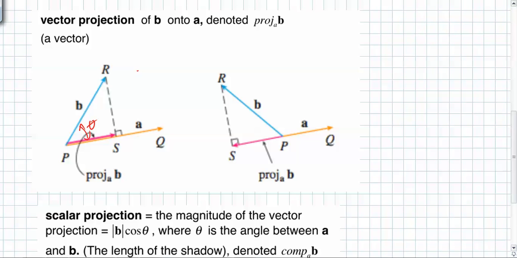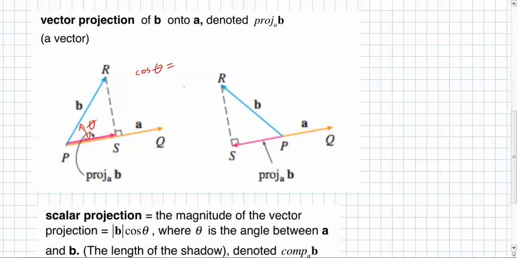What is the cosine of theta equal to? If you want to find the cosine, it's adjacent over hypotenuse.